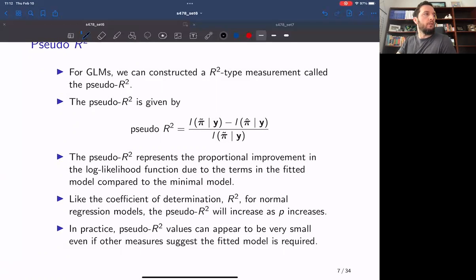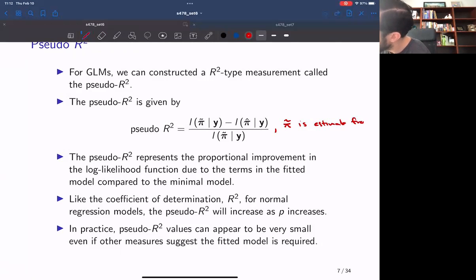The pseudo R-square is the likelihood at pi hat given y minus the likelihood at pi tilde given y, over the likelihood at pi hat given y. In this illustration, pi tilde represents the estimate of the model parameter for the minimal model.